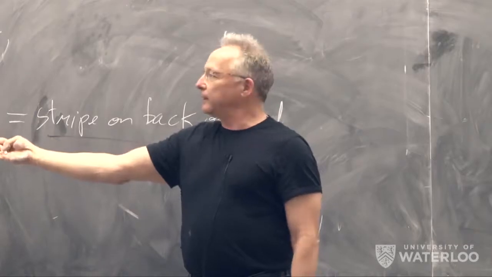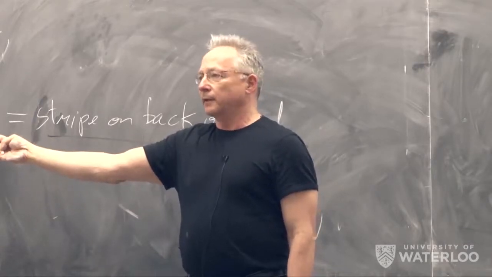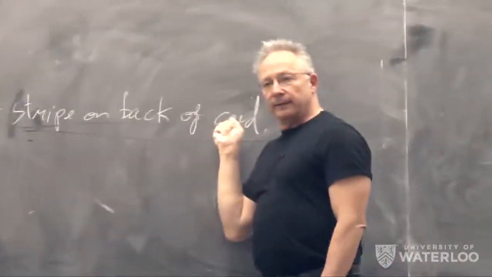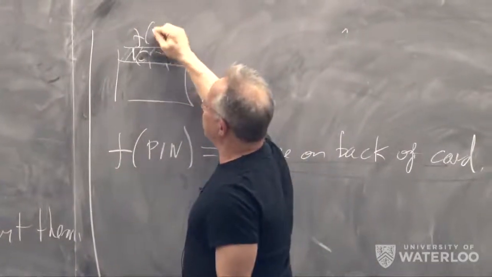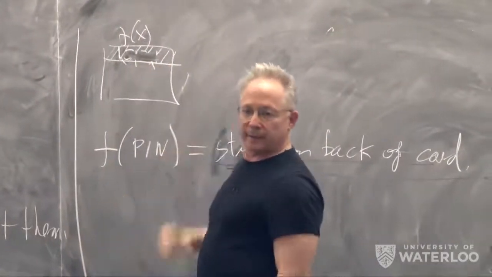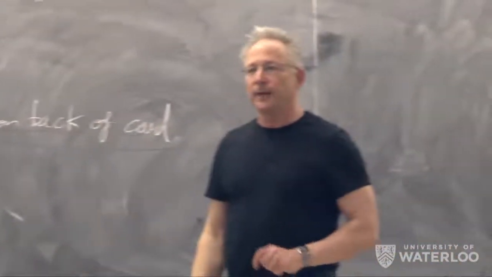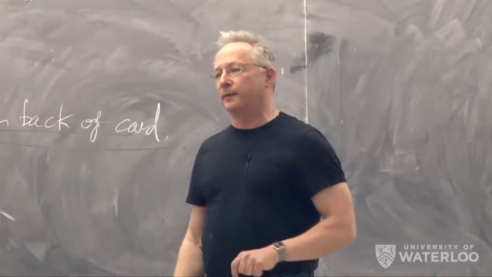So one-way functions are really useful for authentication. If I want to make sure that you know your PIN, I can have f of x written here, and your PIN is x. But there is a problem if I want to use it to send you a secret message.